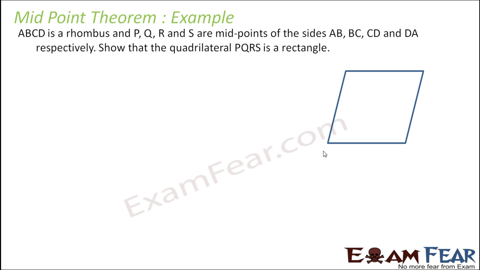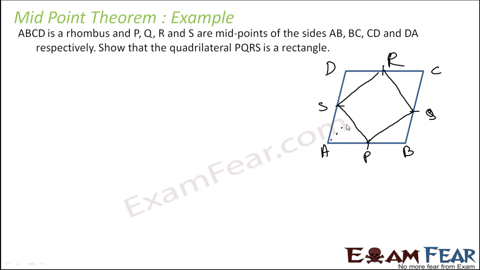ABCD is a rhombus. Let's create this rhombus. PQRS are the midpoints of sides AB, BC and CD. We have to prove that PQRS is a rectangle. And let's draw this diagonal.